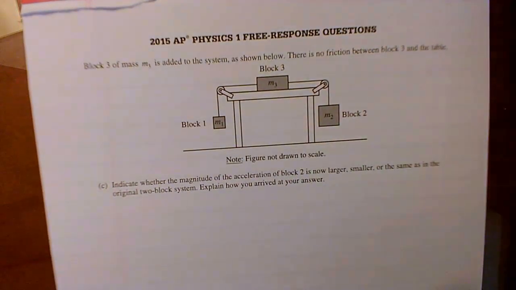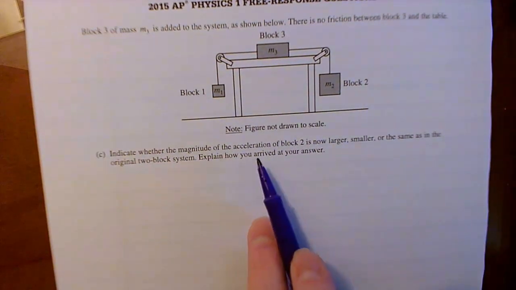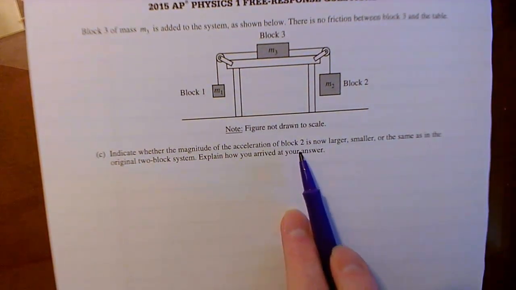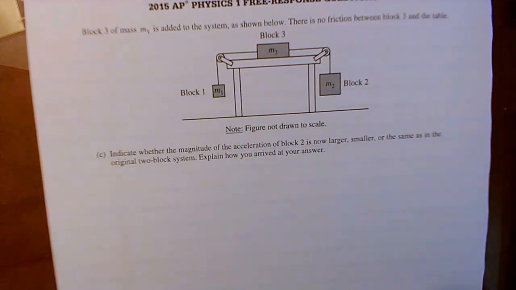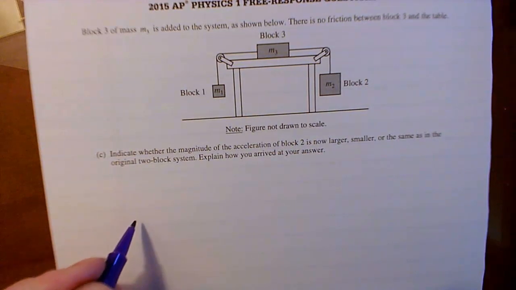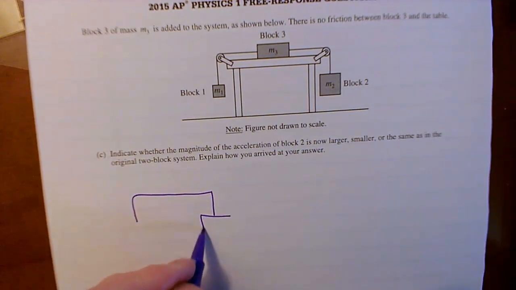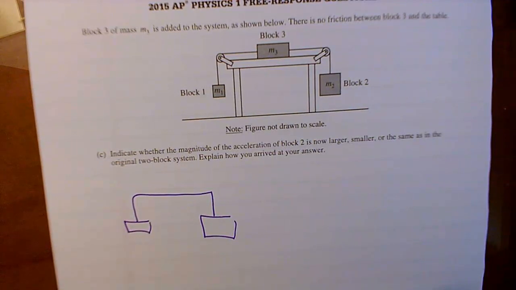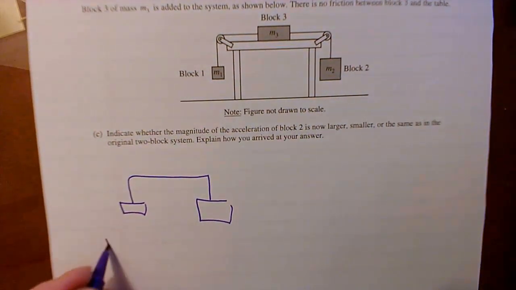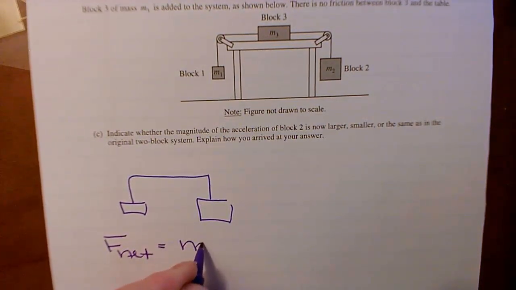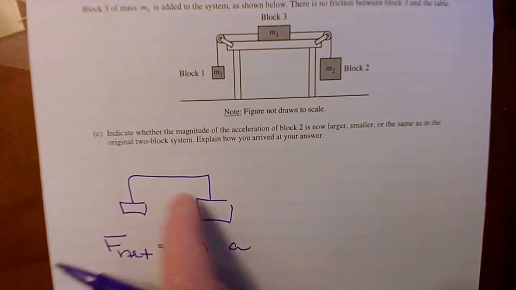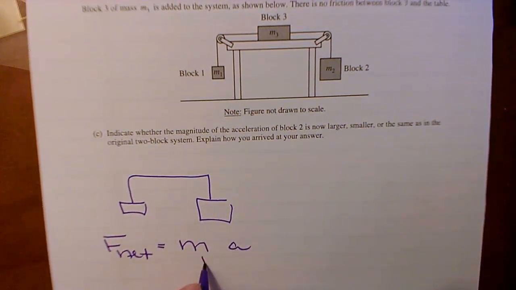All right, indicate whether the magnitude of the acceleration of block 2 is now larger, smaller, or the same as the original 2-block system. So let me just sketch the 2-block system here for a minute. When you have things that are connected, I'm going to write F net equals MA. But when you have things that are connected, this M becomes the net mass.